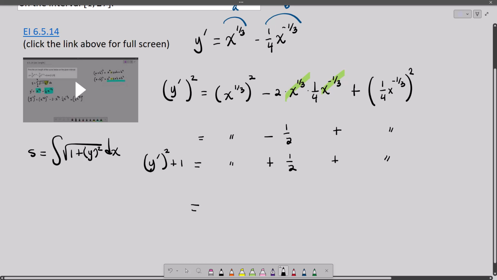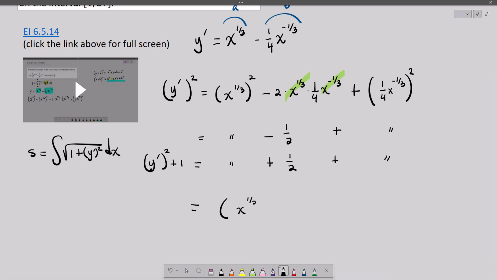So it's going to be that plus 1/4 x to the -1/3 quantity squared. A squared will be there, b squared will be there, and then the middle, you're going to end up with a +1/2 if you do the plus 2ab.